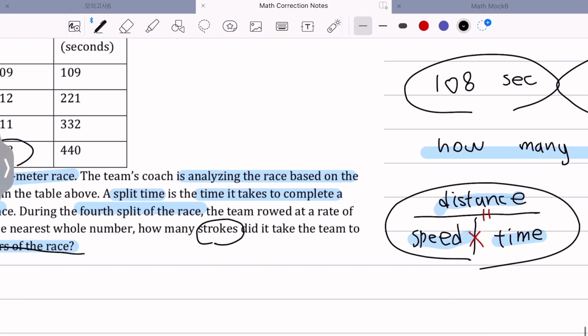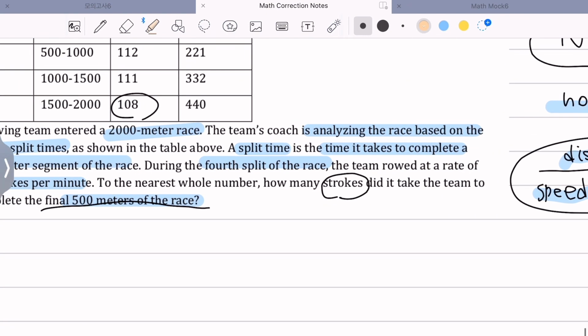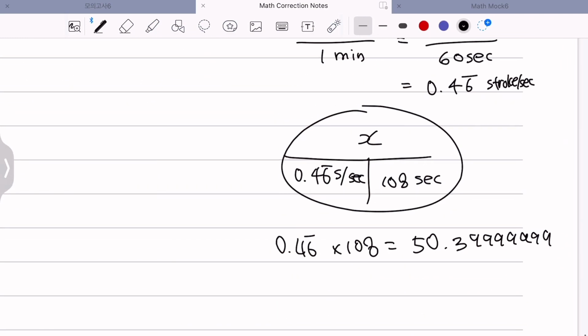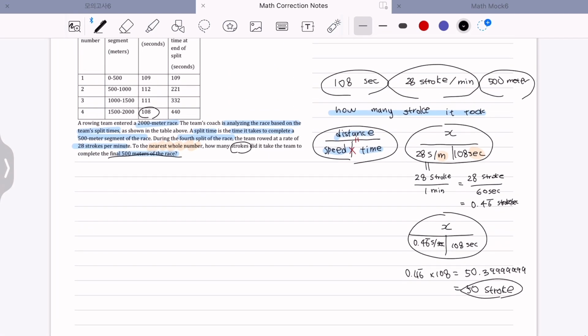But the question asks for the nearest whole number, right? So if we round the number, it would be 50 strokes. So the answer for this question is 50 strokes.